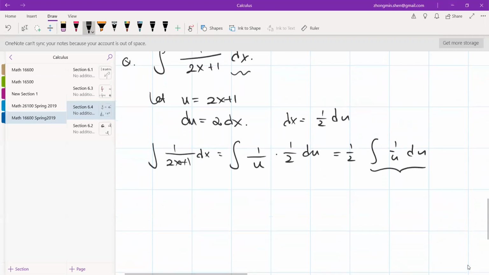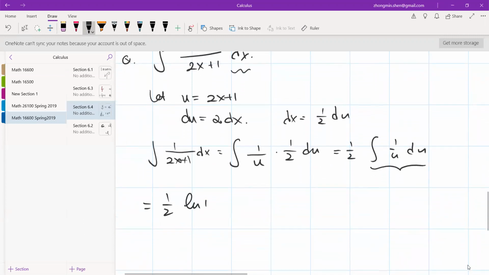So this is going to be half of natural log of absolute u plus a constant. Then you replace u by 2x plus 1. Now, you cannot remove the absolute symbol because 2x plus 1 could be negative.